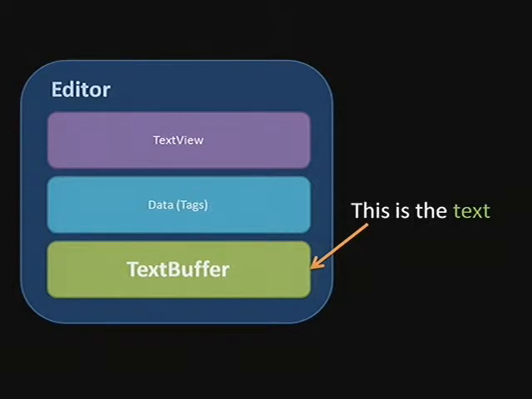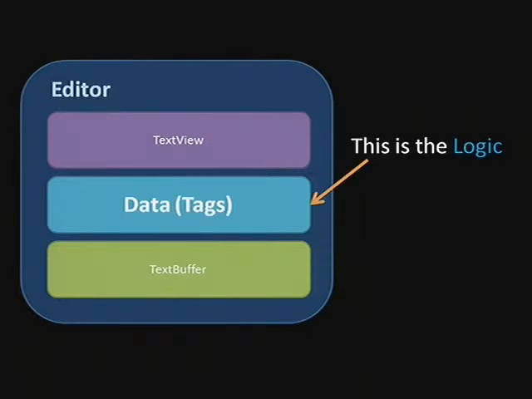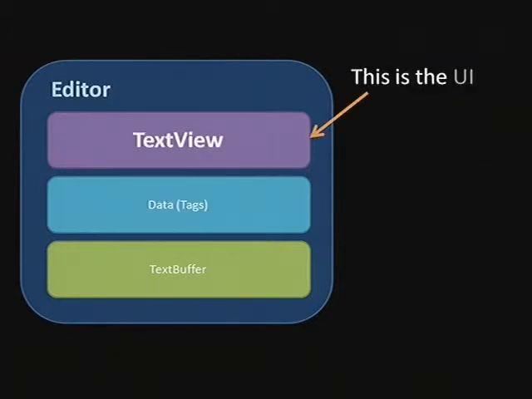In this case, we do have something that is the text, right? It's in a data structure called the text buffer. But on top of that, we have another layer that enables us to create logic on top of it. So if I wanted to parse something and provide that information out to other people, you have the ability to do things like that. But you also have the ability to go ahead and present UI to us. You have control over how we display things in ways that you don't in other programs.